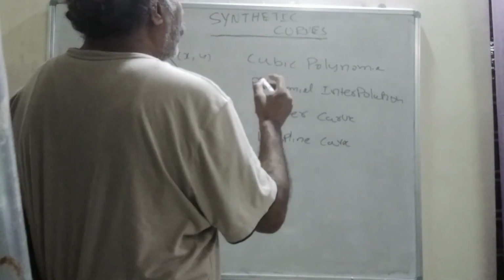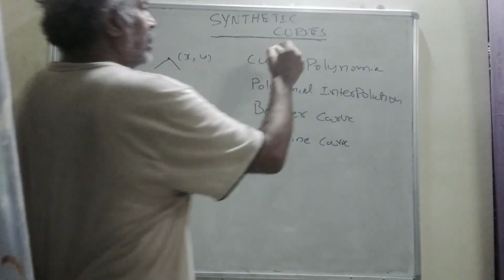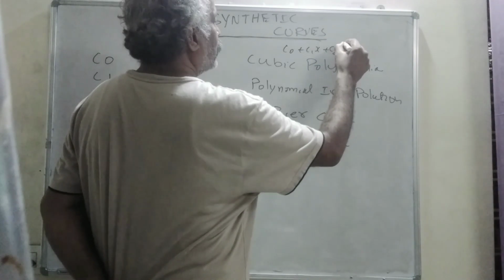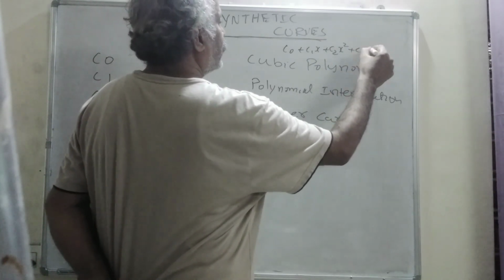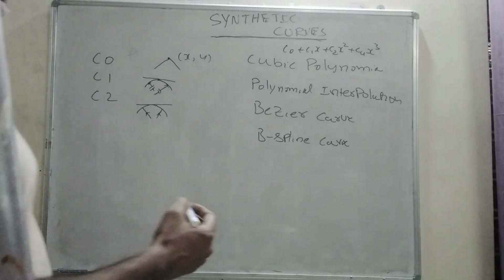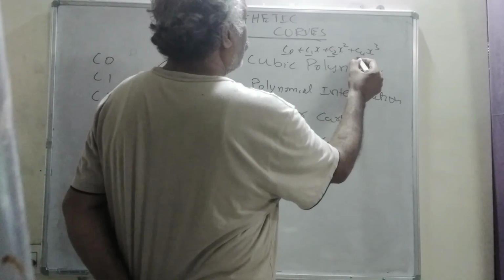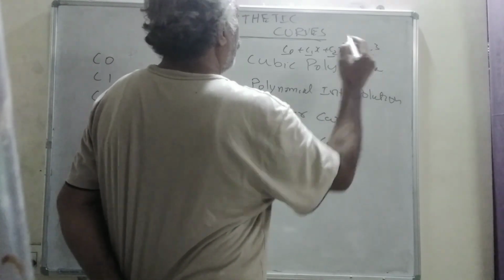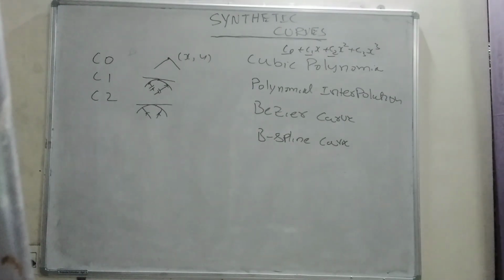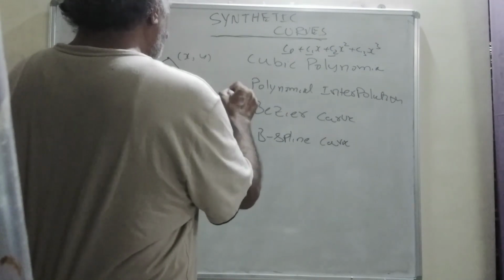Cubic polynomial is a third degree curve: C0 plus C1x plus C2 x squared plus C3 x cubed. Depending upon the end conditions, we have to determine the constants C0, C1, C2, C3.